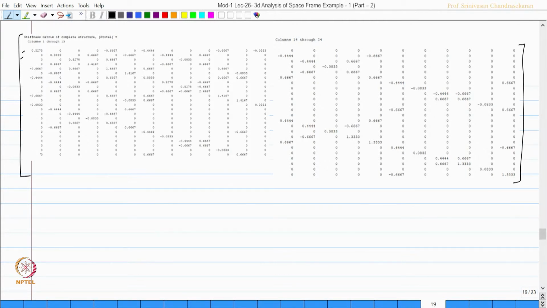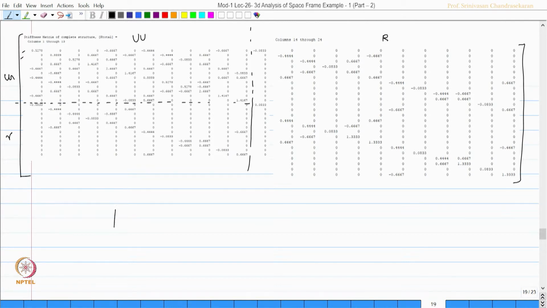Full stiffness matrix we got, out of which the first 12 will be partitioned here, is it not, to get K U U, and then 1 to 12, another partition here, correct. So, this is unrestrained degree, this is restrained degree, this is unrestrained degree, this is restrained degree.